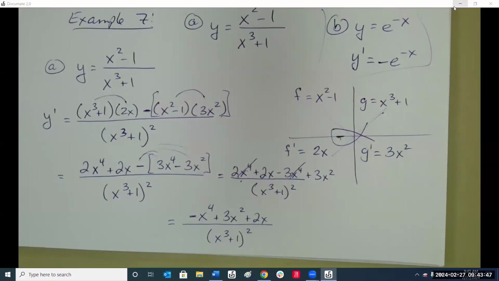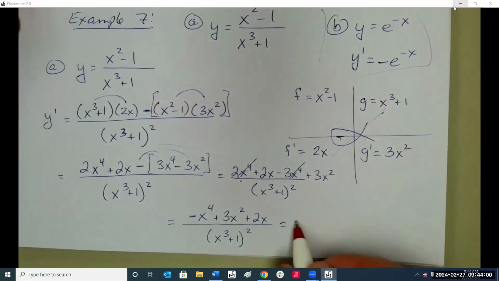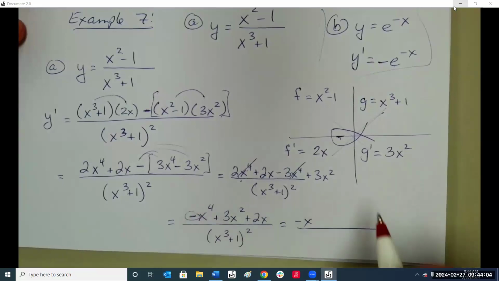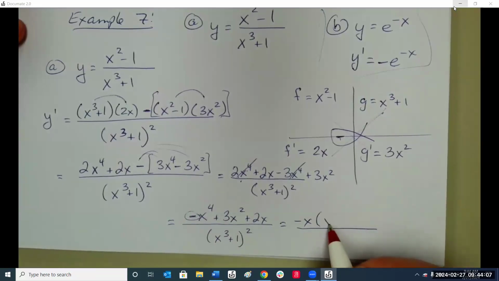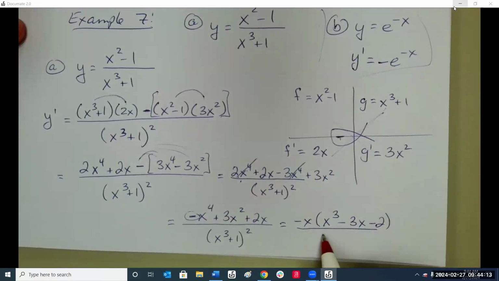Can we do anything on top? Can anything factor out? A negative x, because we have a negative coefficient. So we have x to the third minus 3x minus 2.